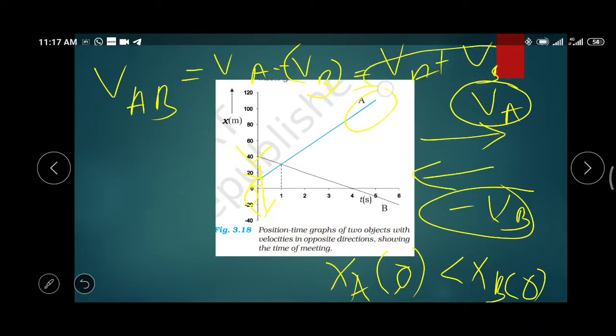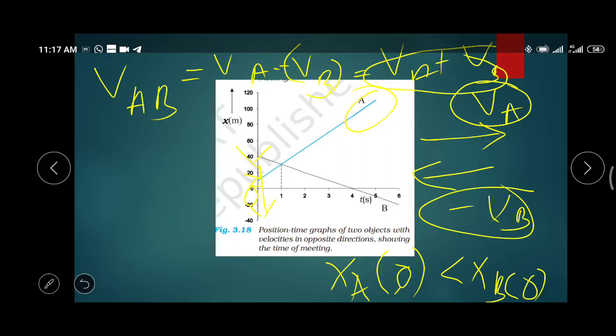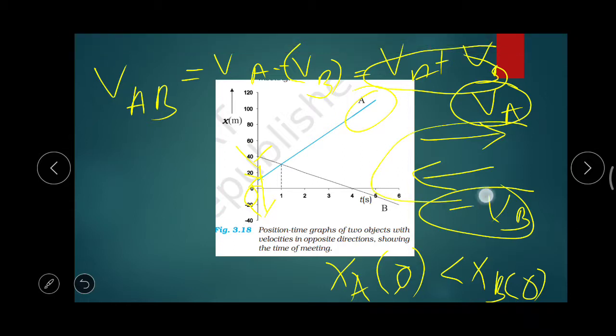So the relative velocity will be very high if the bodies are moving in opposite directions. If the bodies are moving in the same direction, the relative velocity will be less. So these are the major things regarding relative velocity.